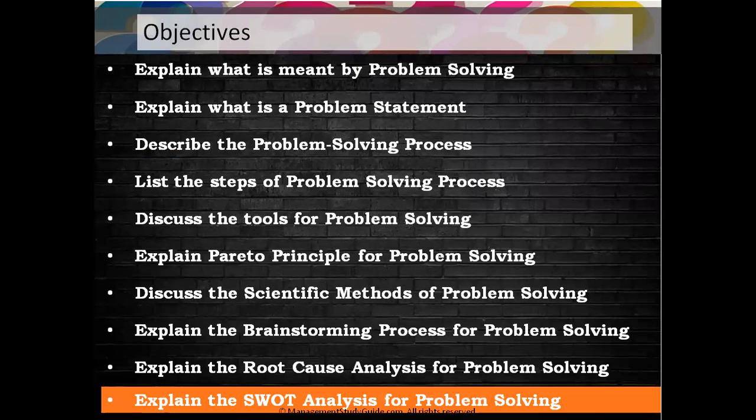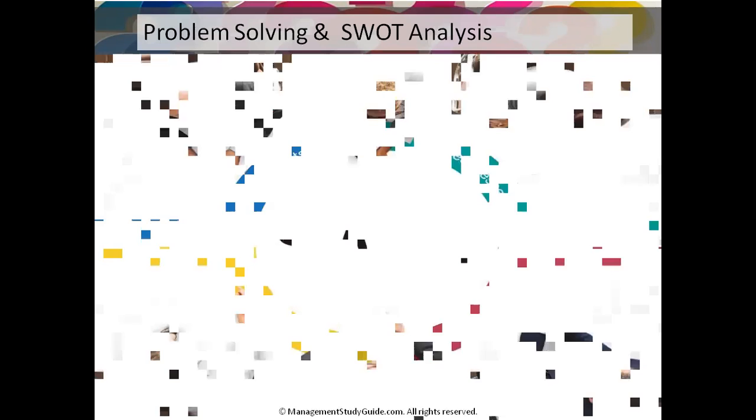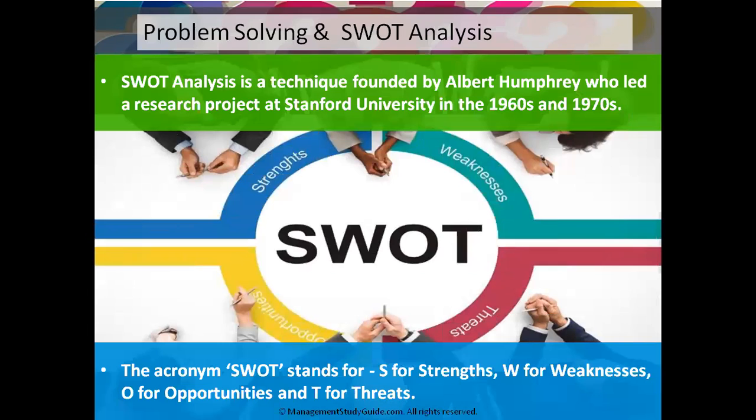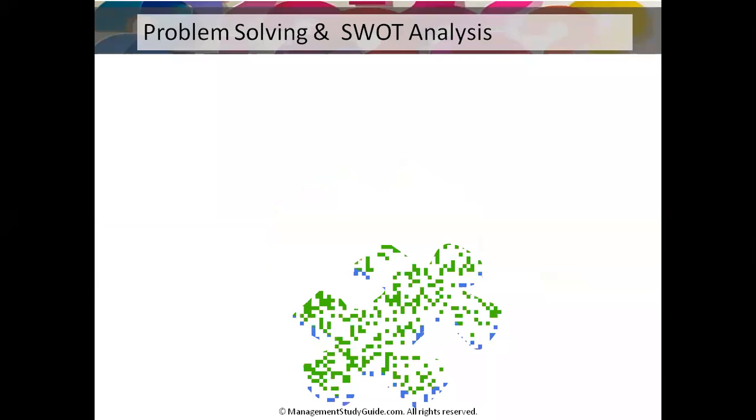Then for SWOT analysis for problem solving, SWOT analysis is a technique founded by Humphrey, who led a research project at Stanford University in the 1960s and 1970s. The acronym SWOT stands for Strengths, Weaknesses, Opportunities, and Threats.